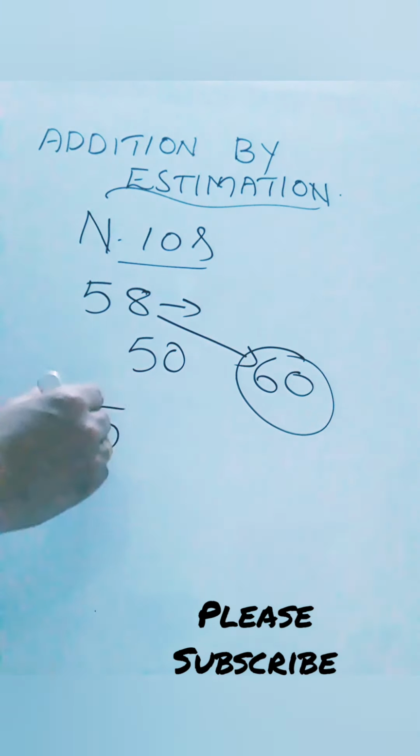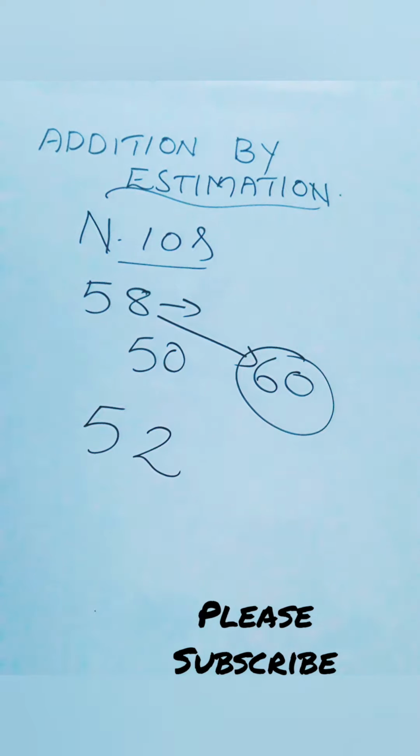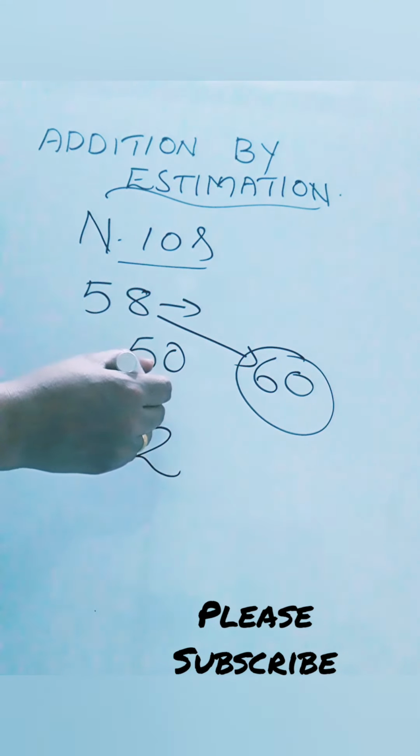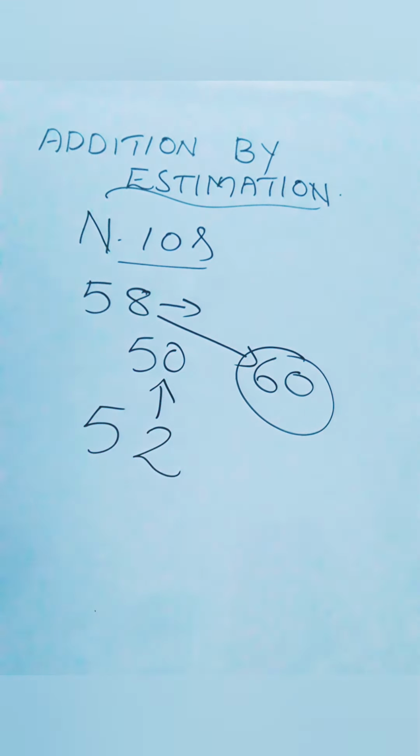But 52 is very near to 50, so after rounding 52 will be 50. For understanding easily, check which two tens places the number lies between, and which one it is nearer to.